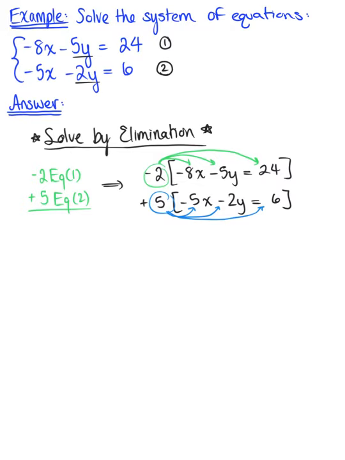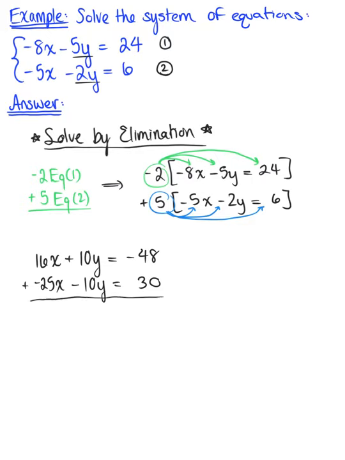Rewriting this, I have 16x plus 10y is equal to -48. And I'm adding this now to -25x minus 10y is equal to 30. See how this manipulation cancels the y's. Woohoo! Positive 10y minus 10y cancels itself out to 0.